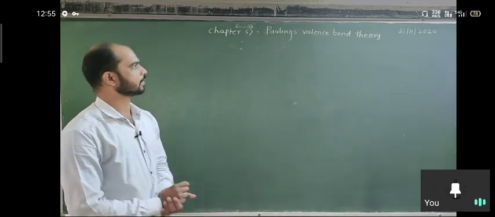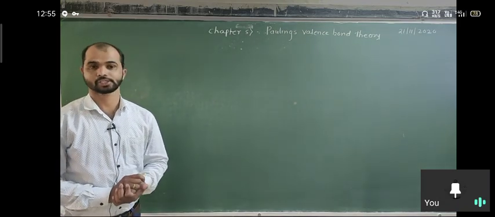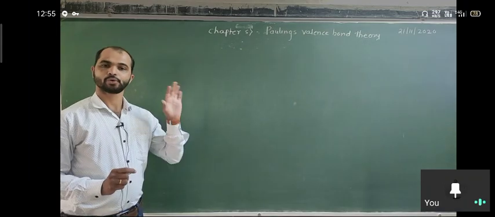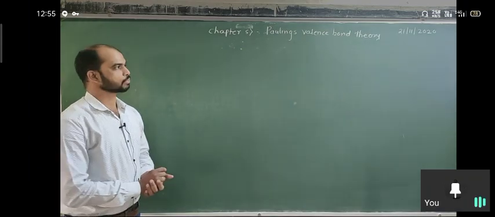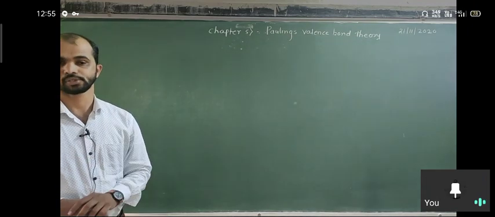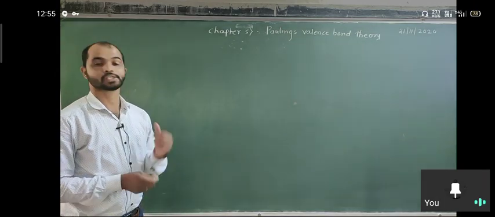So basically it is the theory which represents the electronic structure of the complexes. In today's chapter we only focus on the valence bond theory for coordination compounds, not for simple molecules. So here we only consider the complexes or coordination complexes.